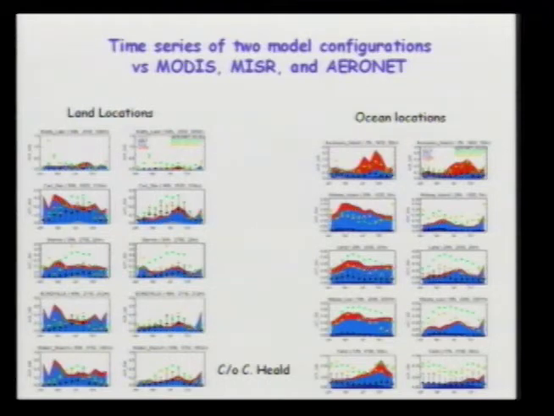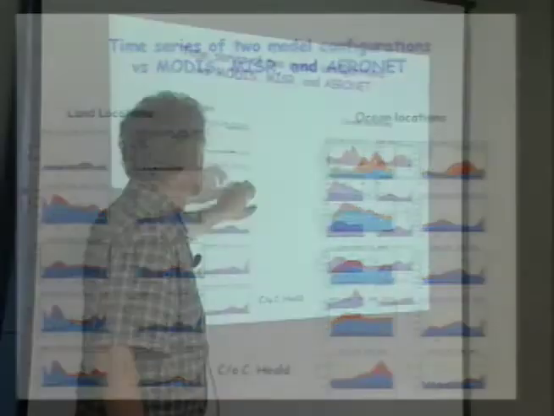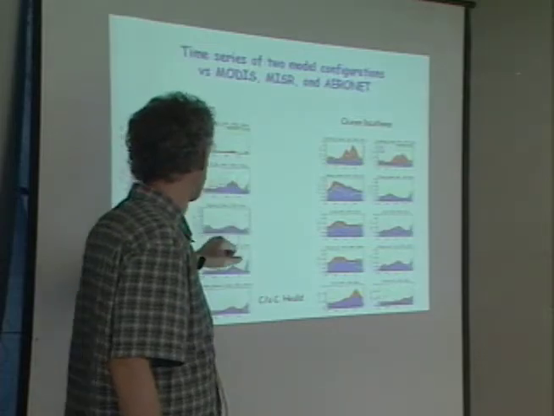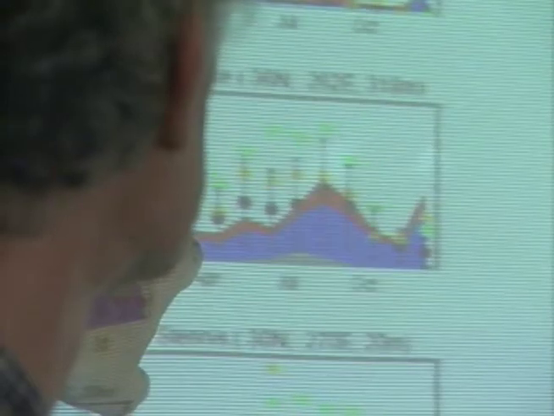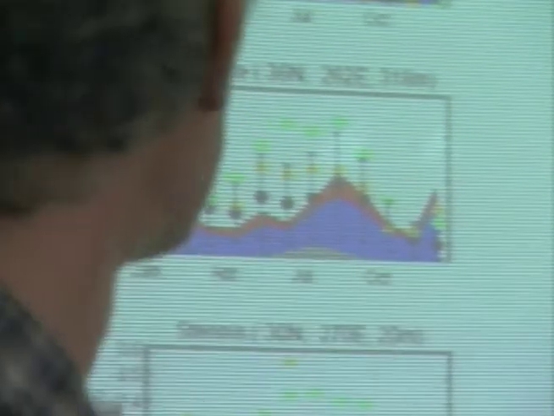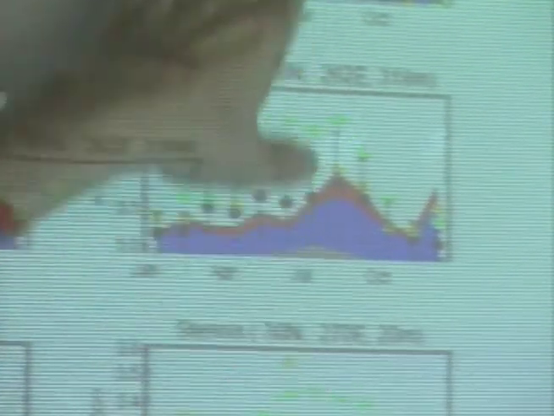And it's quite hard to see, but the black dots that you see here are the surface-based estimates of aerosol optical depth. The gold dots are MISR and the green dots are MODIS. And the point that I want to make is that the observations for these sites vary dramatically, easily by a factor of 2.